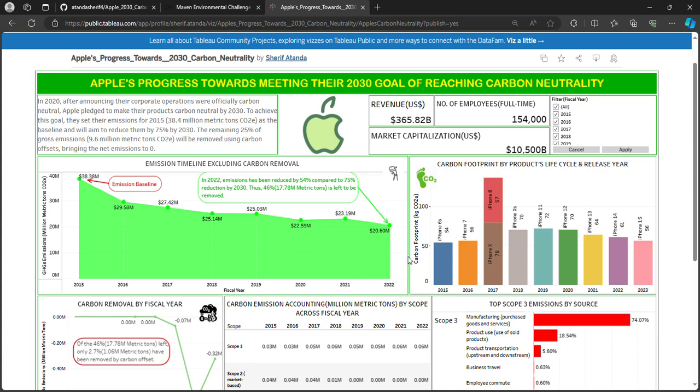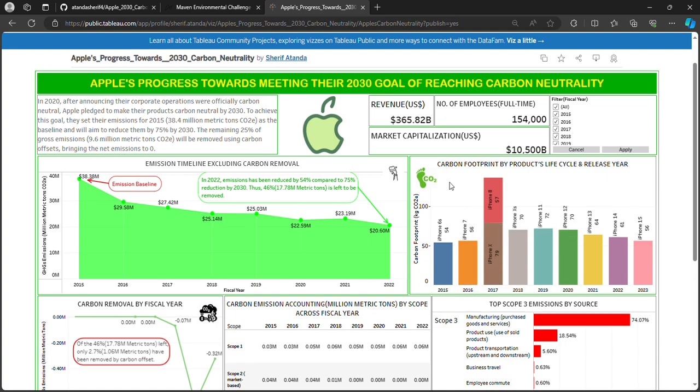Since this is 2022, there are still 8 more years for them to achieve it. So this is telling us that so far Apple has been making progress towards reducing their emissions. If they've reduced their emission by 54% so far, the remaining 46% is left to be removed. That is when you subtract 54 from 100.